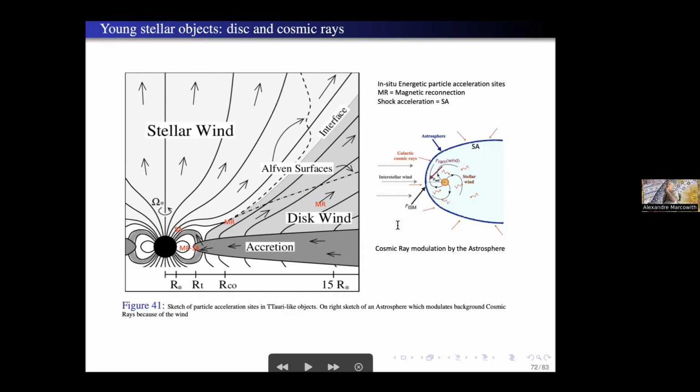This is known for a long time: you can launch jets from the disk, and from the stellar component also. In order to launch this, you have to convert somehow the magnetic energy stored into gas motion, which can be greatly helped through the magnetic reconnection process.